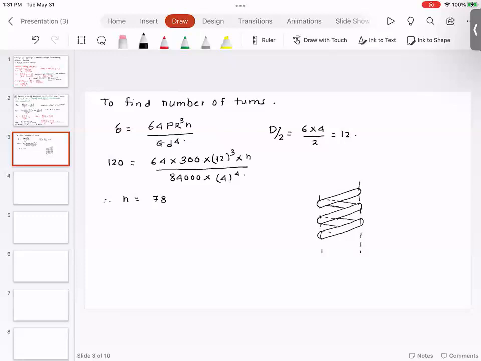From here, this is how the spring is going to look. This is the wire diameter.